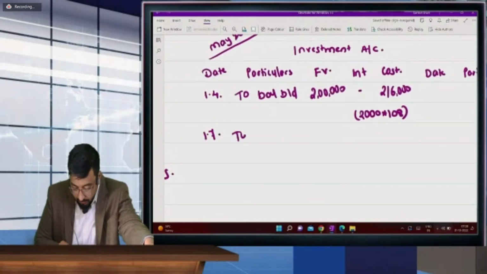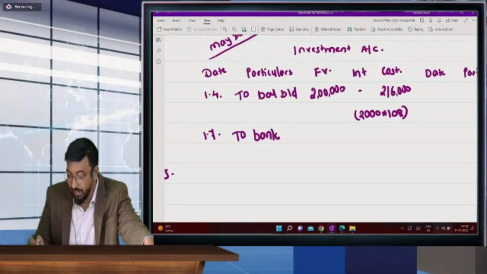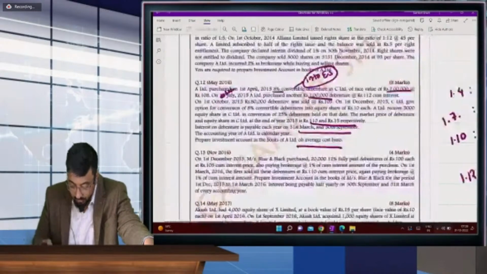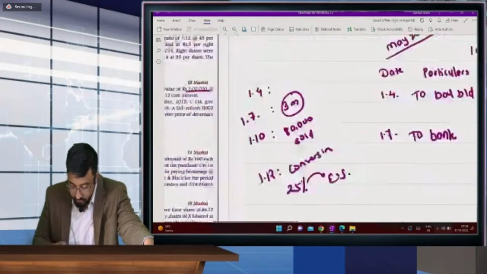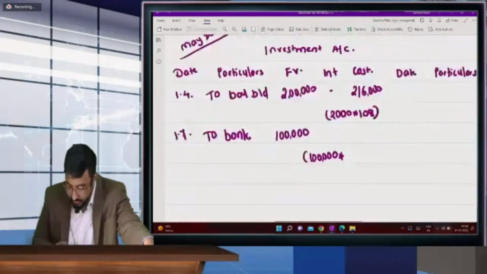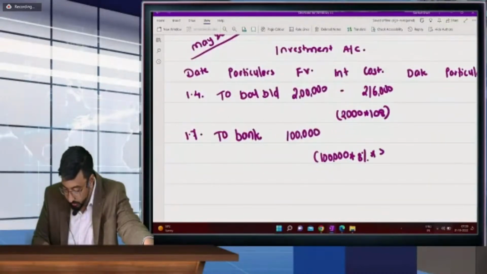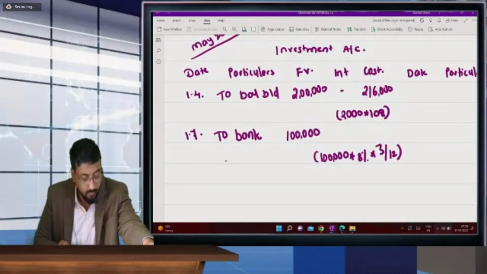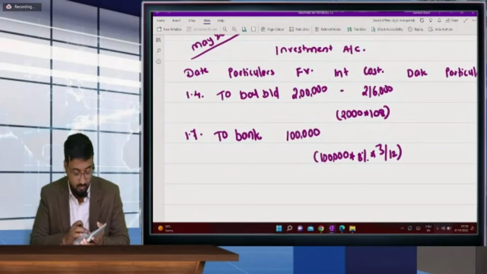1st July. To bank. 1 lakh. Interest: 1 lakh into 8% into 3/12, 2,000.